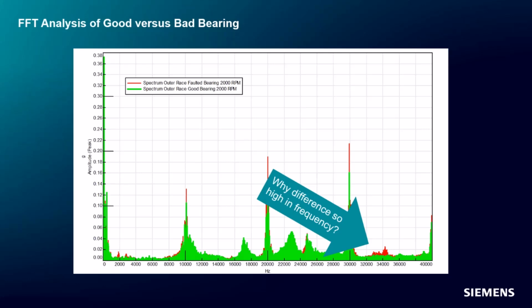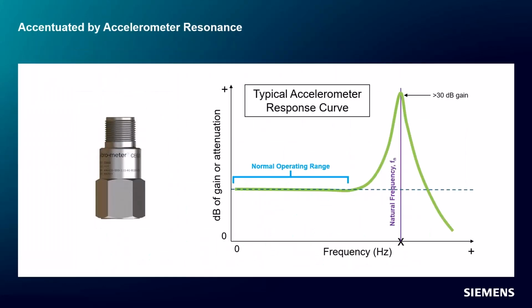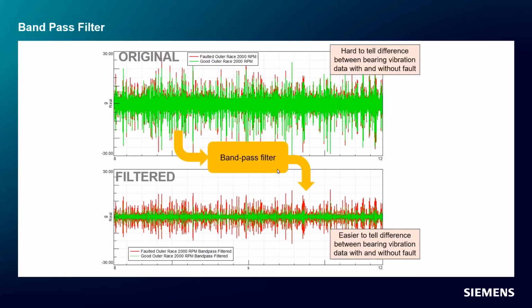If you knew this, Steph, that there's this high frequency difference, what do you think we could do to process the data a little bit to visualize this failure better? We could filter it. Yeah, so what kind of filter would you do? To get the high frequency content, maybe a high pass, or we know that the resonance is over a certain range, so we could do a band pass filter.